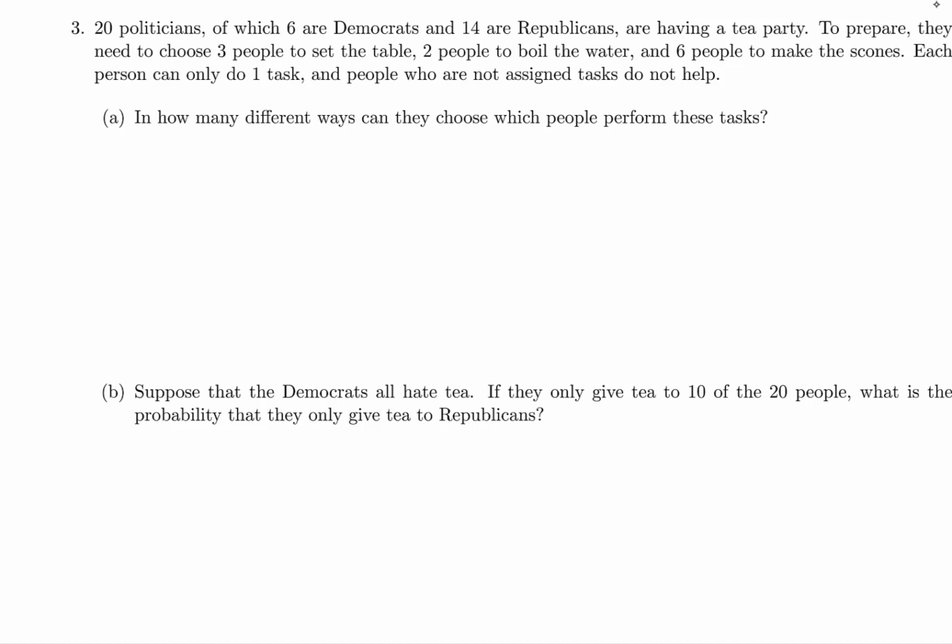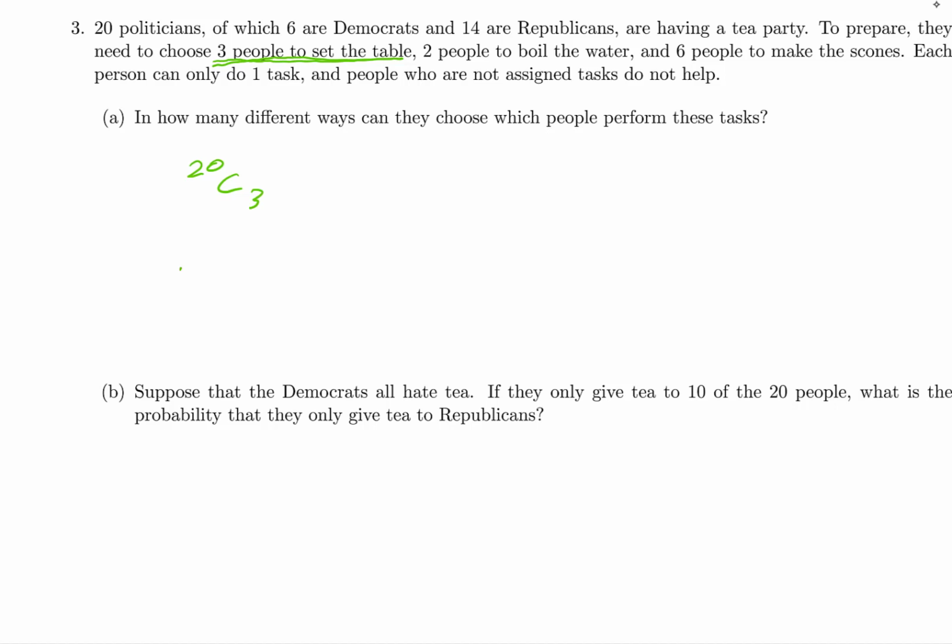So of the 20, they are going to assign 3 jobs. Here, 3 people to set the table. How many different ways can we find 3 people? Yes, we have 20 politicians and 3. Therefore, for that case, 20 C 3, it means 20 choose 3. Understand that? Yes, because here we don't use P. Why?